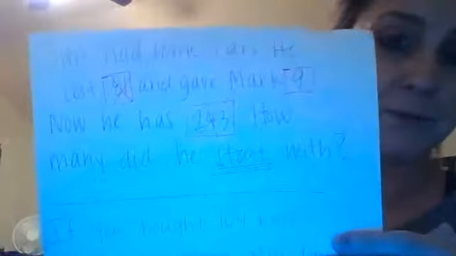Look back at your problem. We've used the 243 and the 81. Is that everything? No, it's not. We still have the 9. So then we're going to take our 324 and add 9 to that. 9 plus 4 is what? 10, 11, 12, 13.